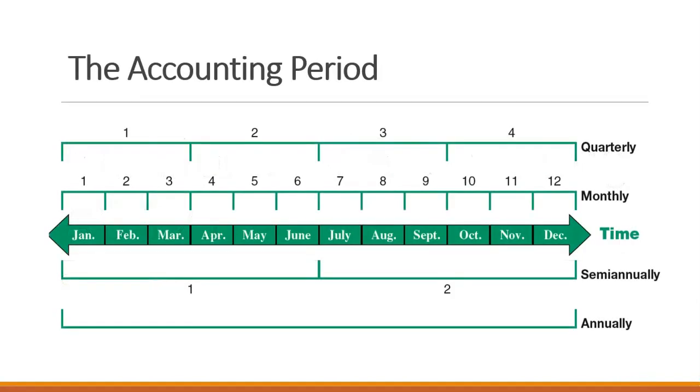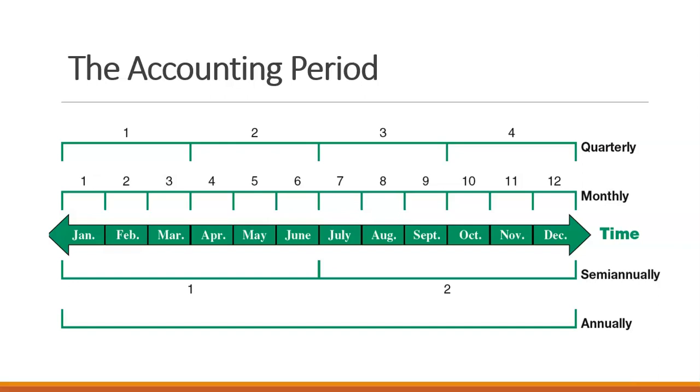Okay? So, we have an accounting period. Accounting periods can be any amount of time. We can have monthly accounting periods, quarterly accounting periods, semi-annual, so twice a year, or annually. Regardless of what we choose our accounting periods to be, what we have to decide as a business is how often we are going to close and restart our accounting records.